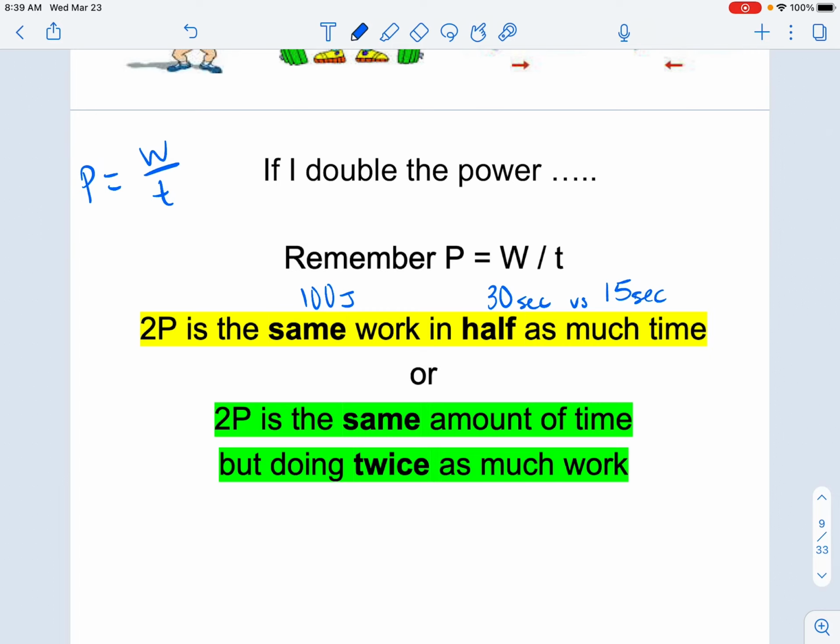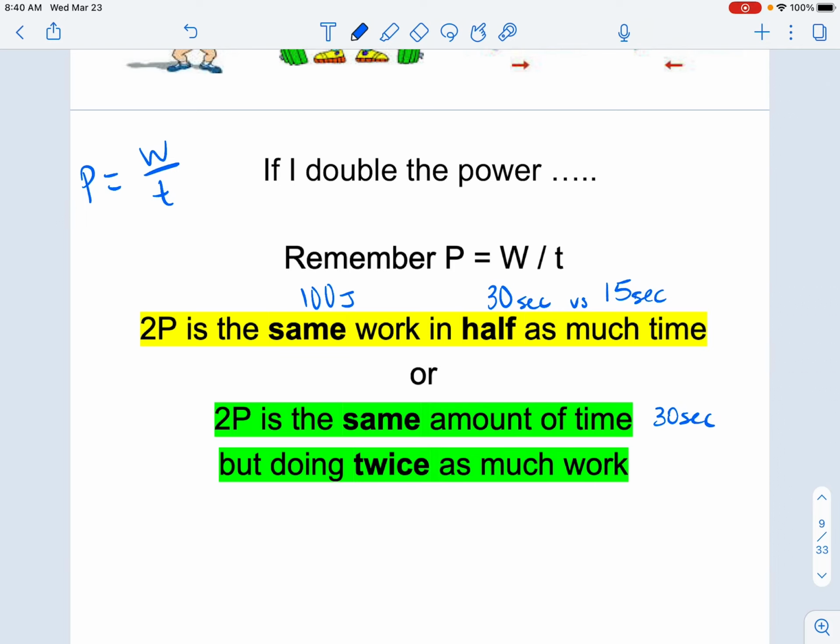At the same time, if we were to say that both of my people perform the work in 30 seconds, so person A and B took 30 seconds to do their work, how are we going to say who is more powerful? Well, again, it's work divided by time, not just time.